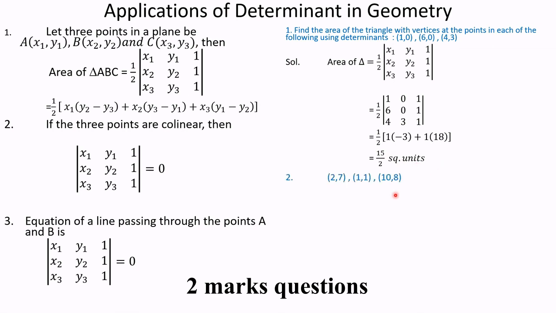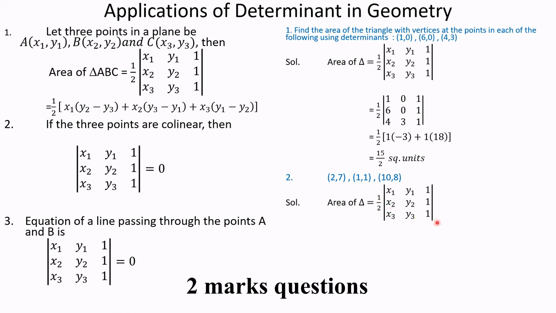Next problem. Number 2. The points given are 2, 7, that is x1, y1 is 2, 7, x2, y2 is 1, 1, and x3, y3 is 10, 8. Therefore, area of triangle is given by the same formula, determinant is equal to half of the determinant.